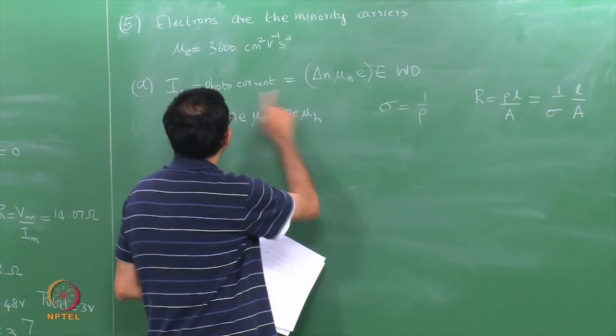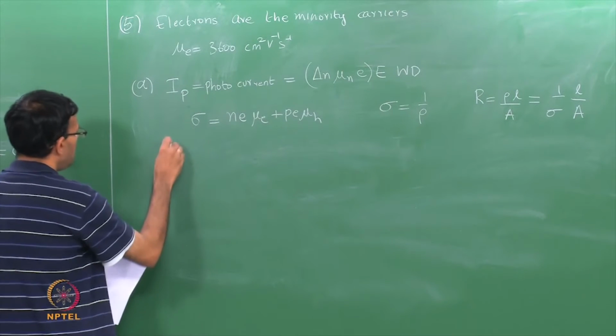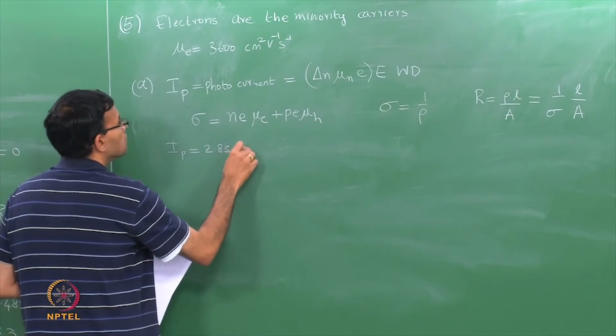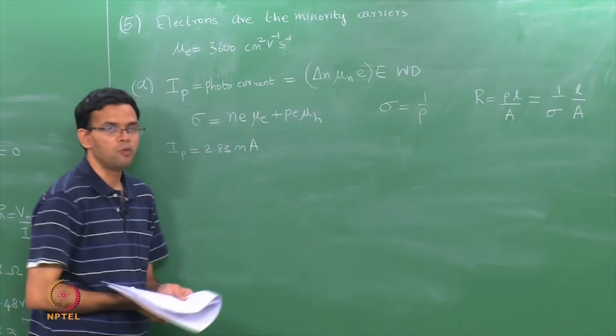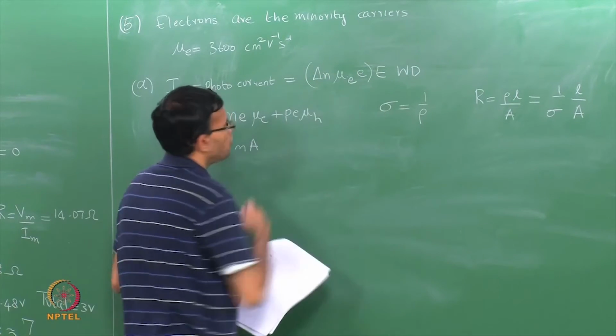In this particular case, I_P is given. This value is 2.83 milliamps. The electron mobility is given, so this should actually be mu e.